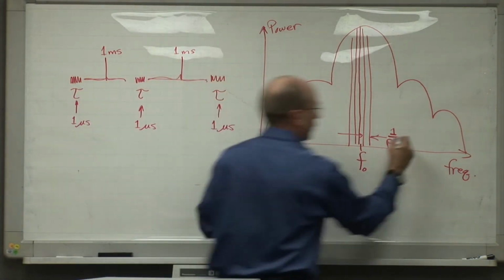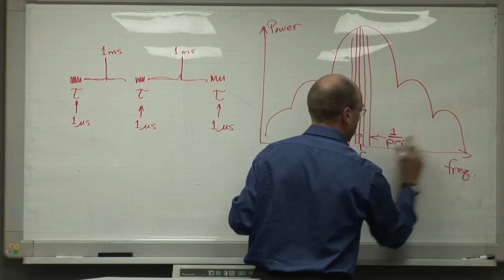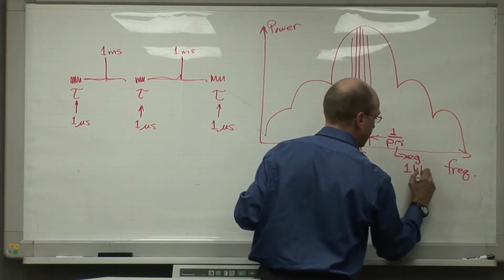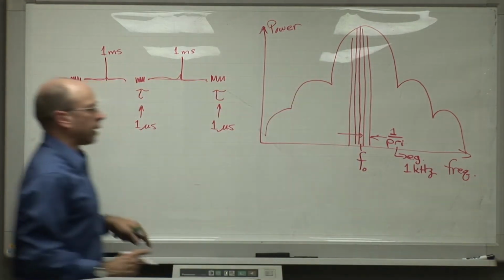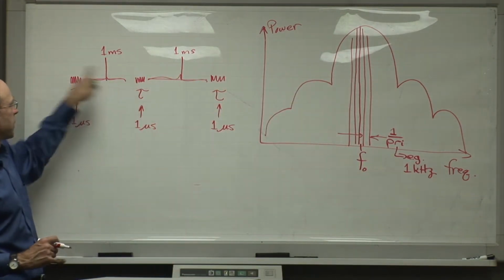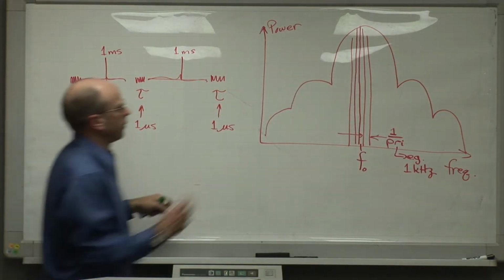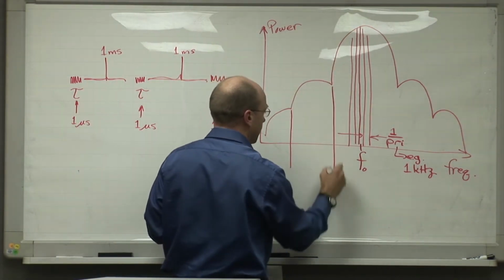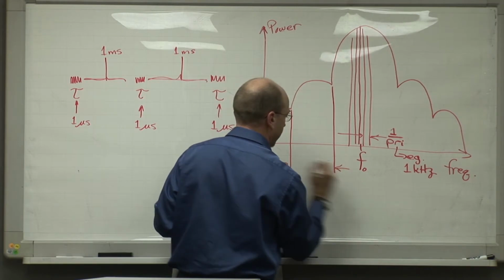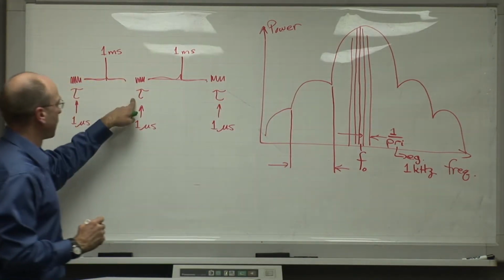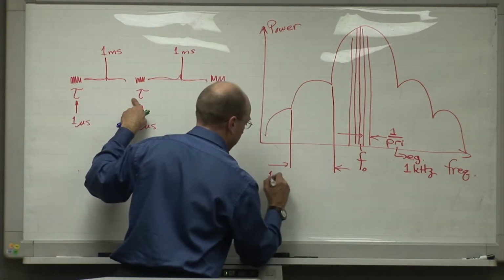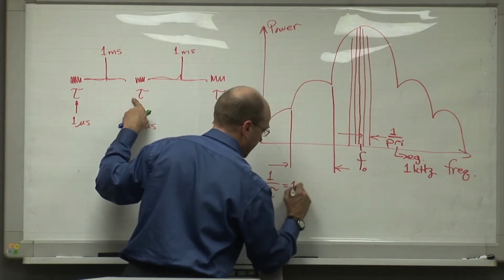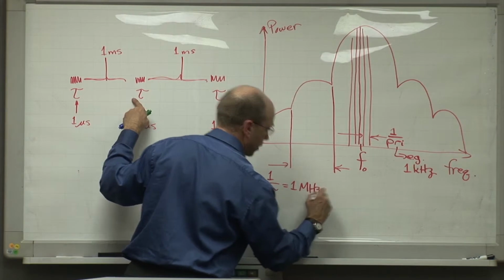So for example, in this case these lines would be spaced 1 kilohertz apart, because we're putting out 1,000 pulses per second, with 1 millisecond between. And the null to null spacing on this spectrum will be equal to about 1 over the pulse width, 1 over tau, which in this particular example would be a megahertz.